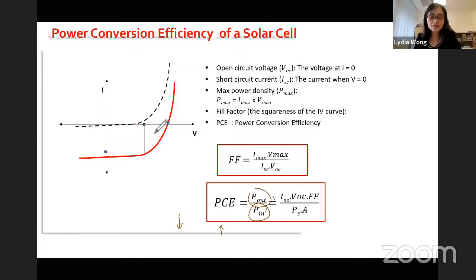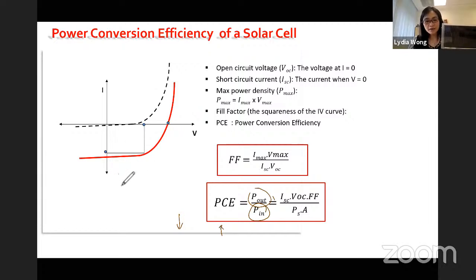So if you measure this solar cell in the dark, no light at all, and you measure the current I versus voltage, what you will get is this dotted line. This is the IV curve, yeah? And then you switch on light onto the solar cell and you measure again the current and the voltage. What you will get is the right curve over here, okay?